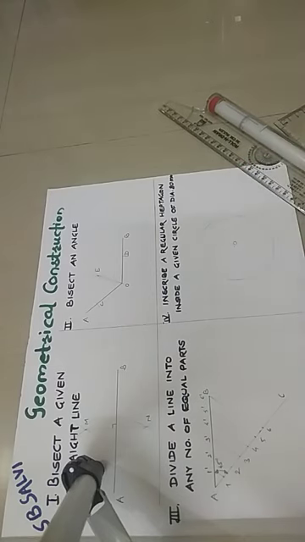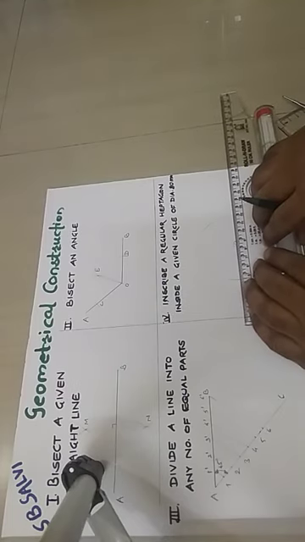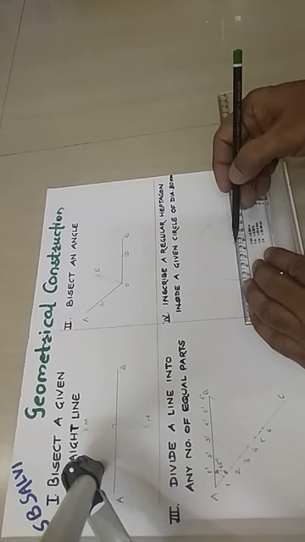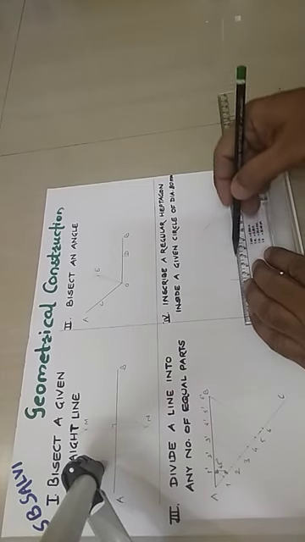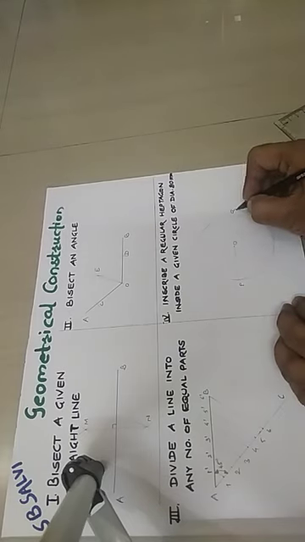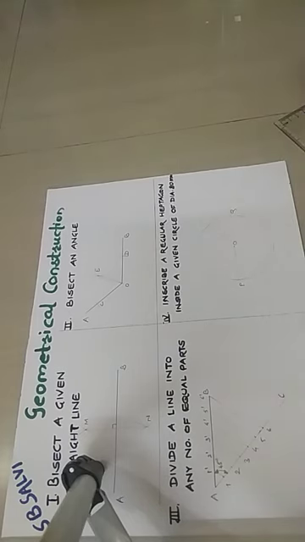Now draw horizontal diameter PQ. So through O we'll draw one horizontal diameter line, very faint line again. This is P, this is Q. So 2 points you have got.